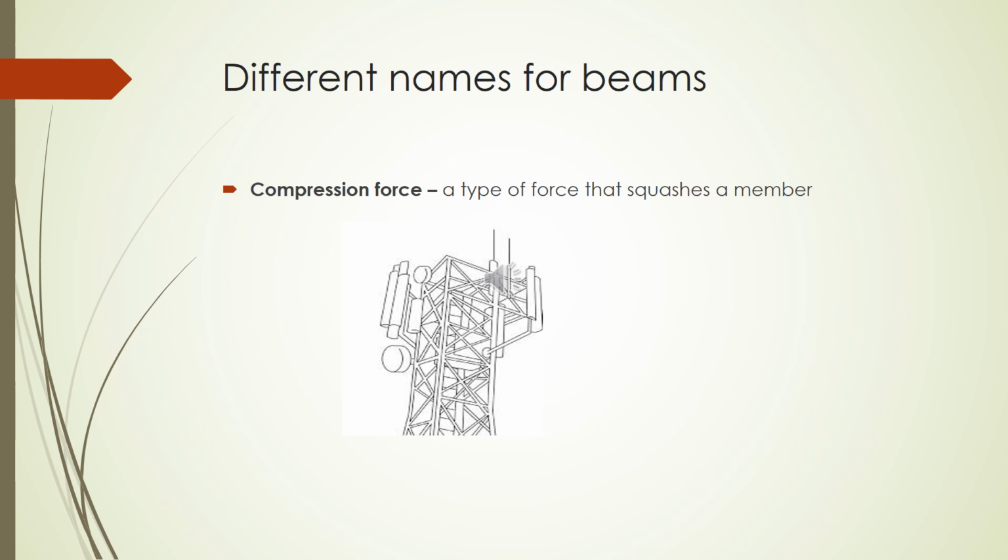The last one we have is compression force. A compression force is a type of force that squashes members. Normally it is a triangular shape and they are very noticeable. You can see them from the pictures there. They squash each member to strengthen the structure.